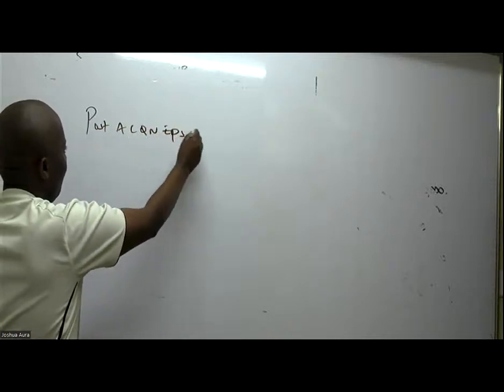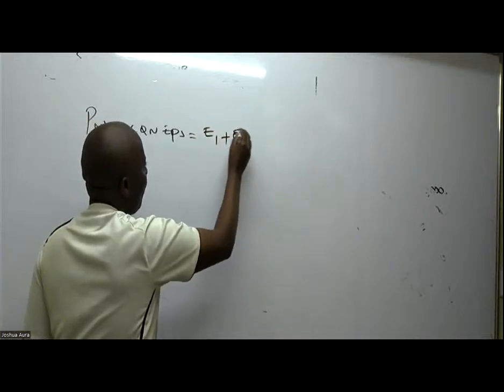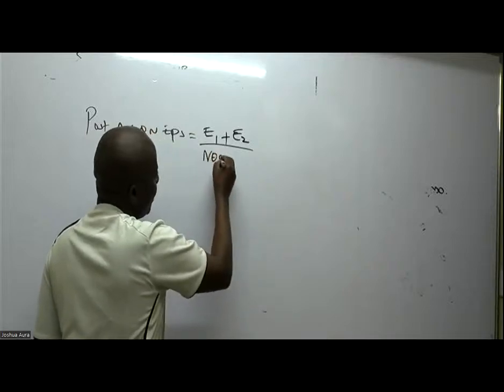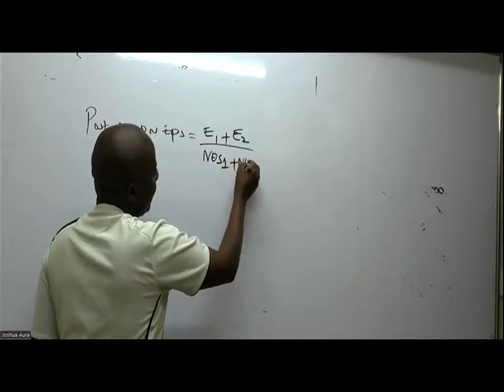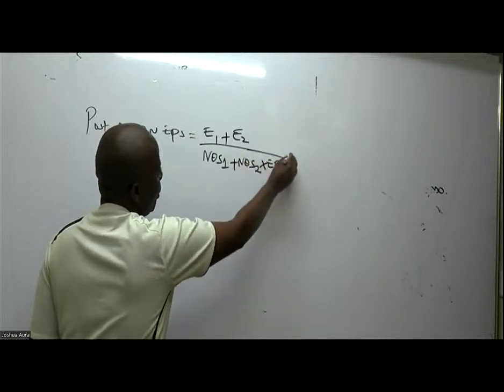Post-acquisition EPS will be earnings of company 1 plus earnings of company 2 all over number of ordinary shares of company 1 plus number of ordinary shares of company 2, of course, times exchange ratio.